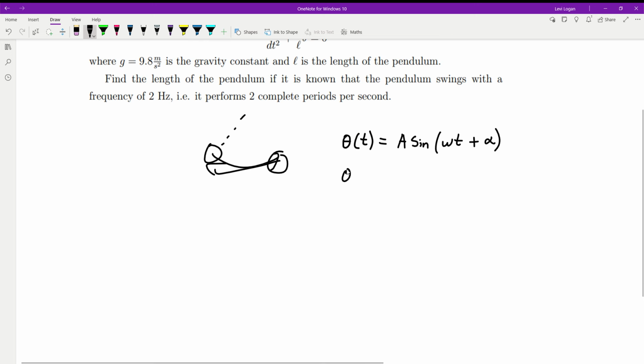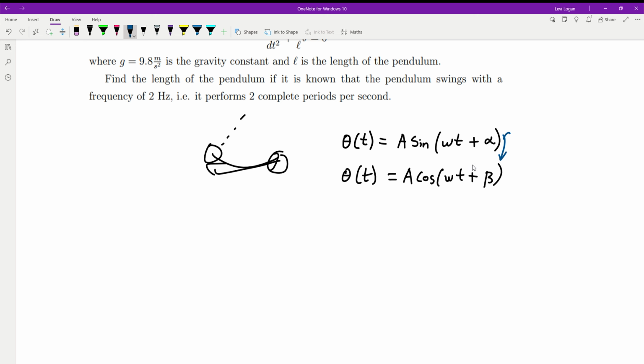We could also write it exactly like this, with some different coefficients, or we could say a cos of the same thing plus beta, where it's a different horizontal shift, because a sine curve and a cos curve can become one another if you shift it enough to the left or right. So you can use either model with this particular equation.